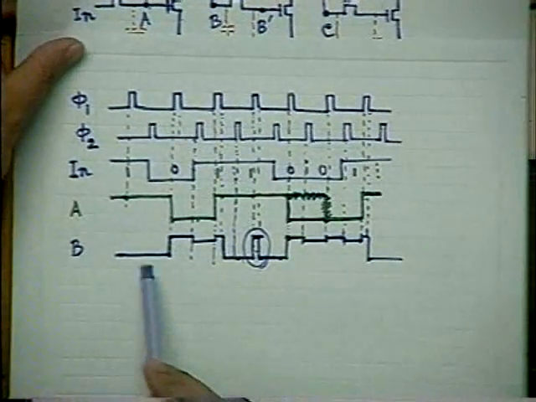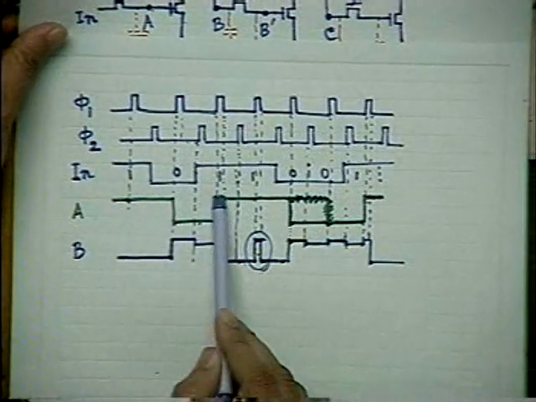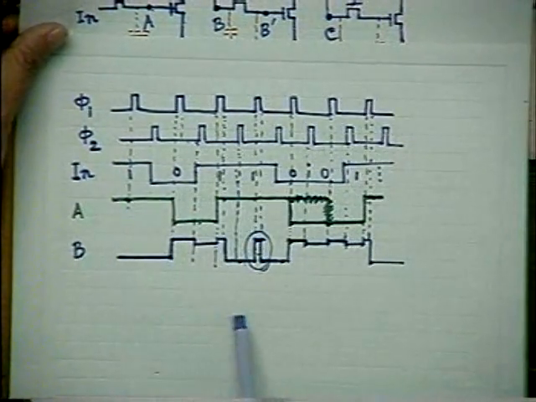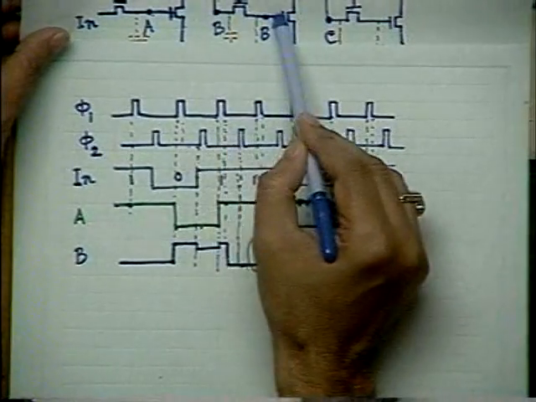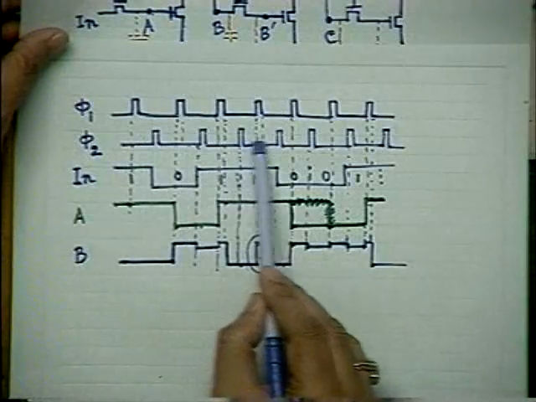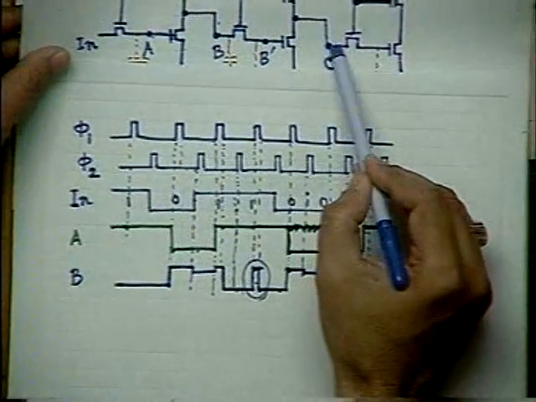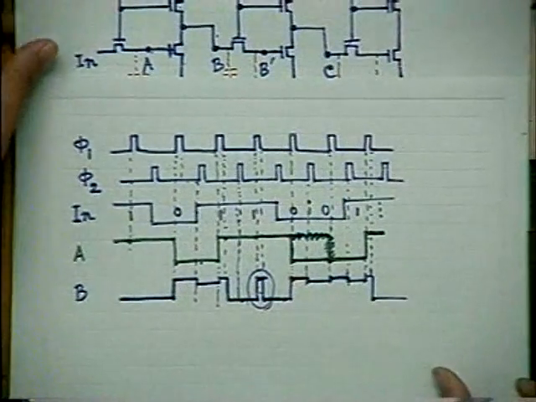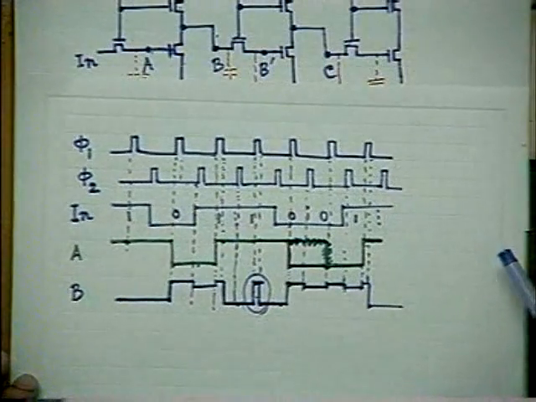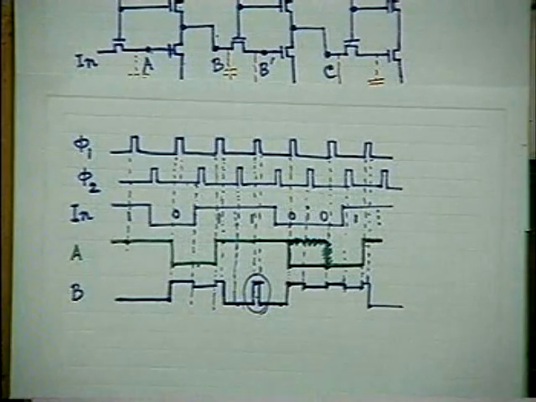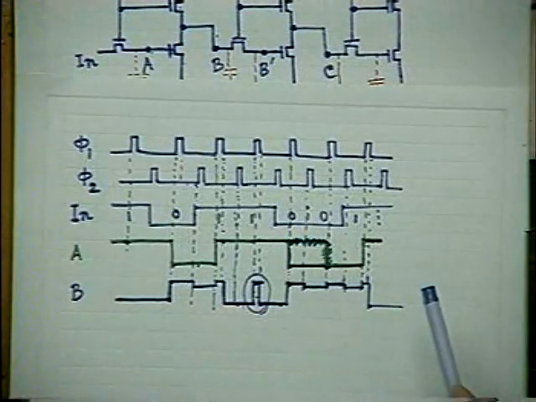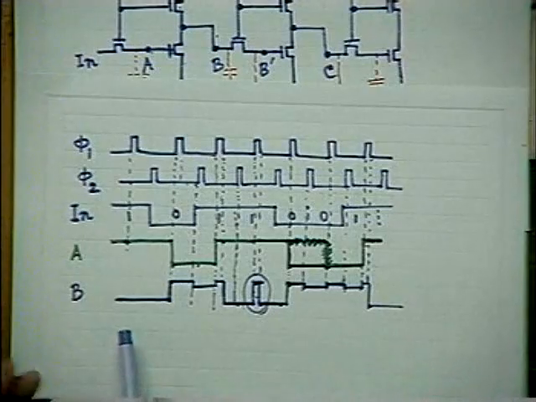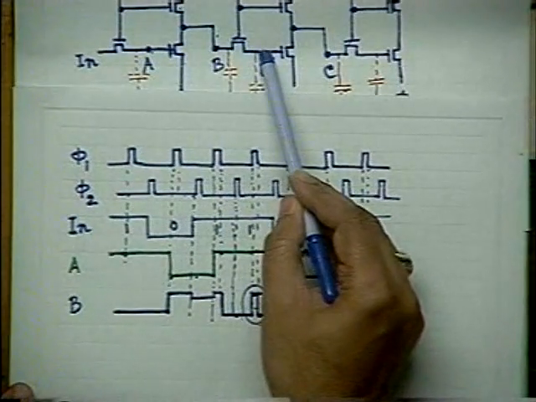From B, exactly the way you have drawn A from input, you can also draw the potential at B dash as if it is the input, in synchronization with the clock phi 2, and finally you can come to the point C. What you'll observe in this particular situation is that otherwise it is working fine, excepting for the presence of some glitches which are not observed in the earlier case. You'll find that if you go on in the same way, you can now plot B dashed.